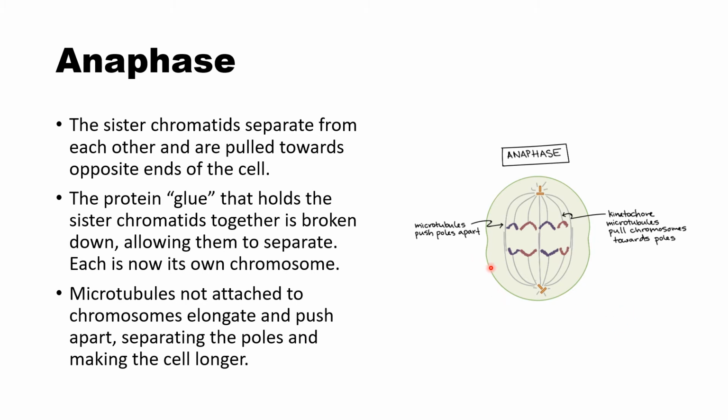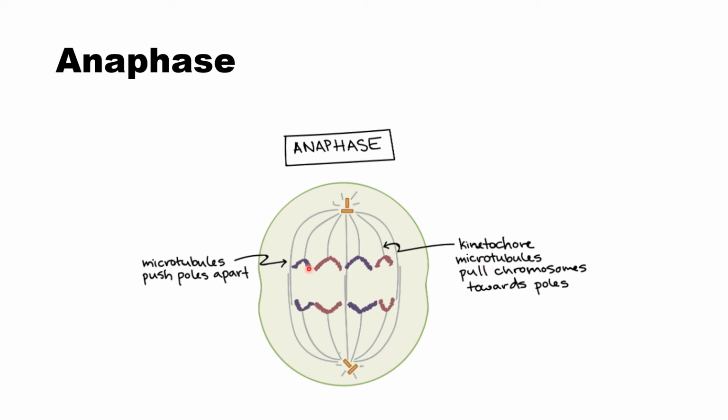So, yung mga microtubules daw na hindi naka-attach doon sa chromosome, they will elongate. And with that, they will push apart. Since mag-elongate sila, magpupush apart also sila, and this will separate the poles and make the cell longer. So, yun, as a parang mas zoom in na nung figure.